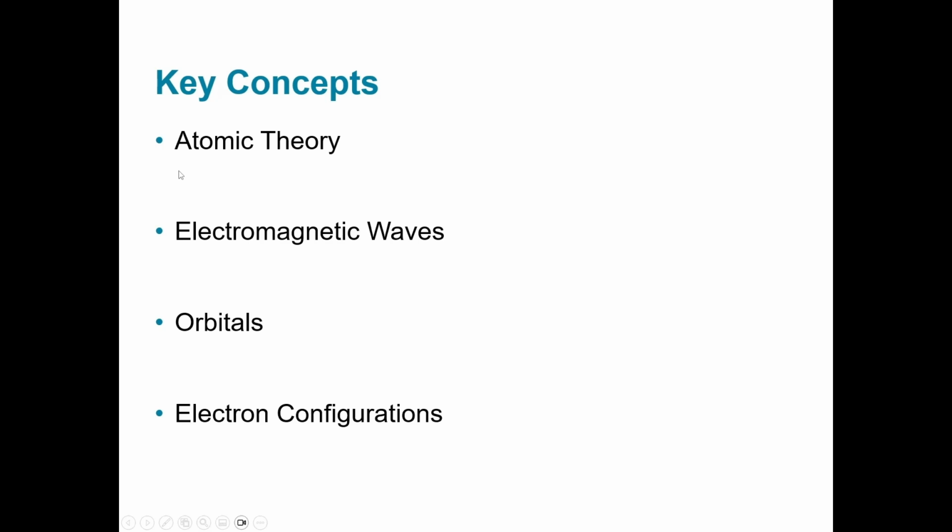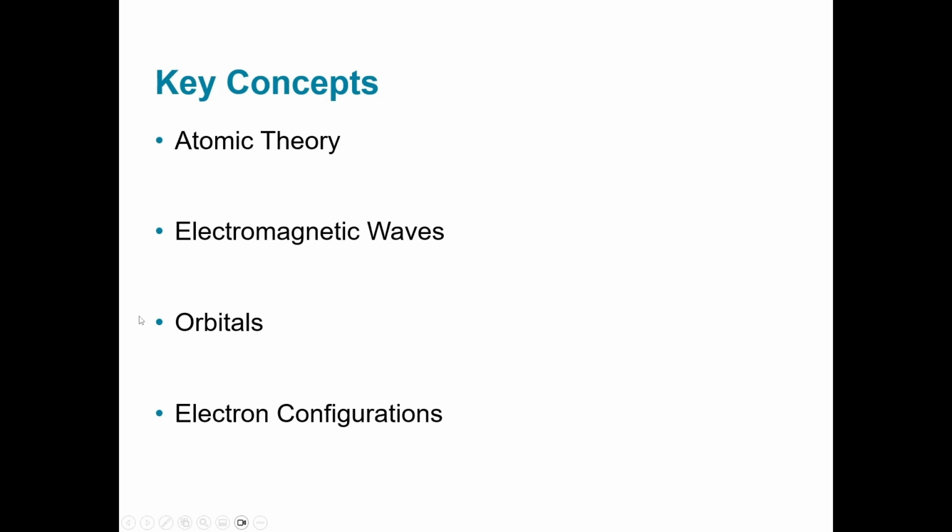And so we're going to talk about the Bohr model and quantum mechanics. We're going to mainly apply the Bohr model, which is not as powerful as quantum mechanics. We're going to identify the quantum mechanical model and then kind of put it to the side for the most part. We're going to talk about electromagnetic waves, a little bit about their mathematics, things of that nature.